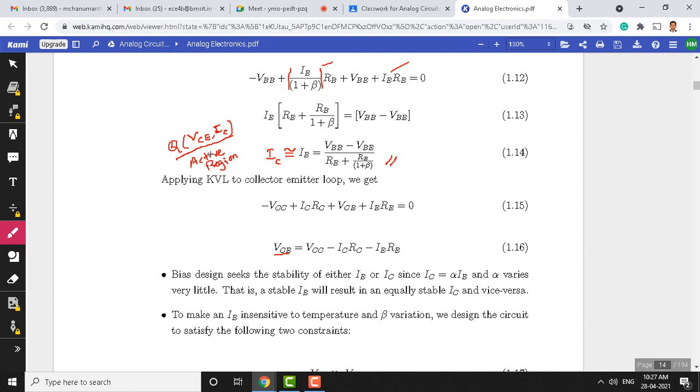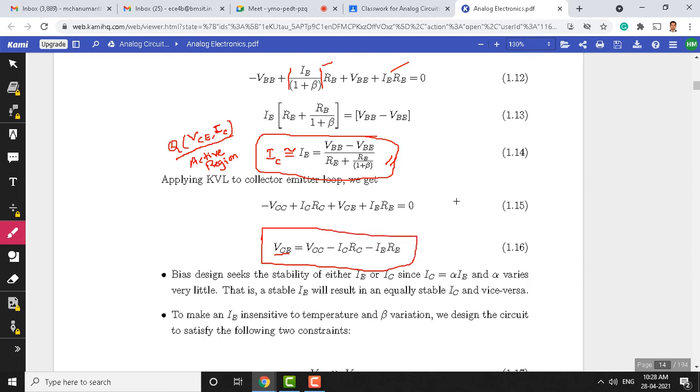In front of you there is an expression where you can see IC depends upon several things. Look at each and every term we have derived here, and also look at the VCE equation. If you observe carefully, they depend on several parameters.